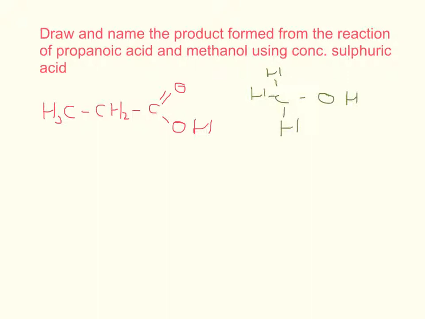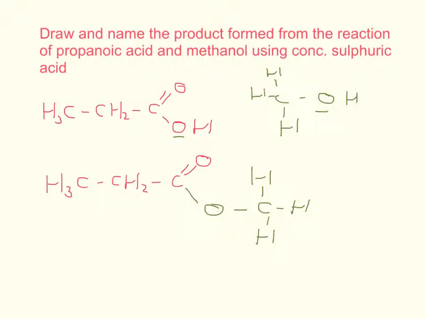Now, the way you draw the ester is you start off by drawing the acid. So let's draw that. And then you get to that bit, and then you go, whoa, stop there, because we're going to carry on. Rather than draw that O, we're going to draw that O there, and then you can just work backwards with the alcohol to draw him like so.